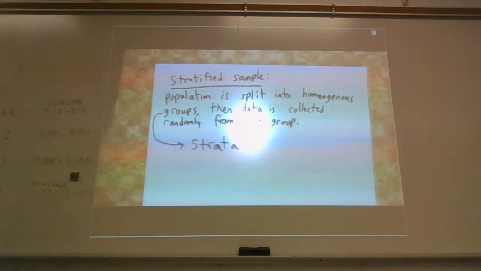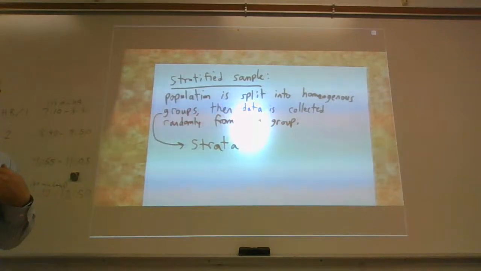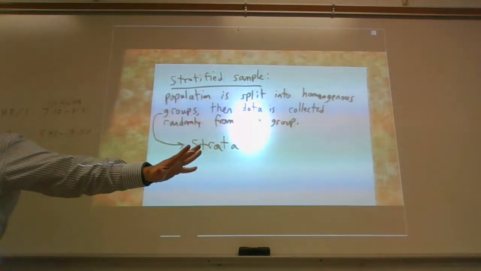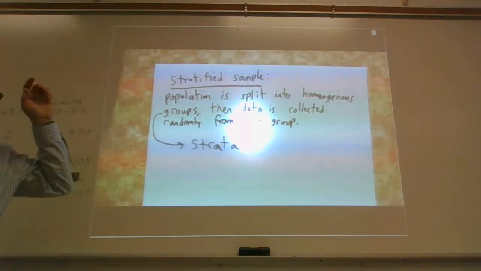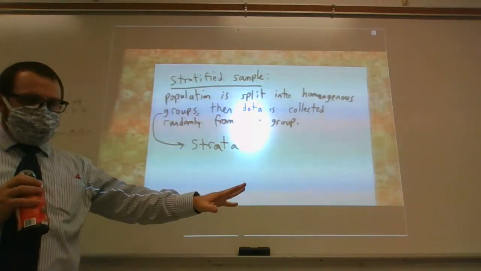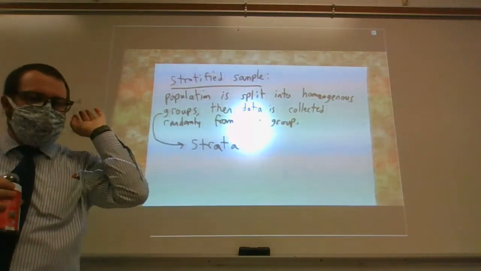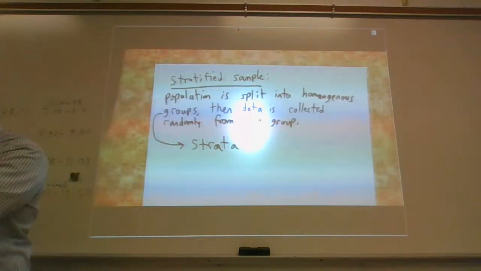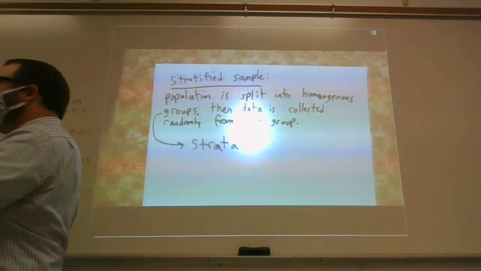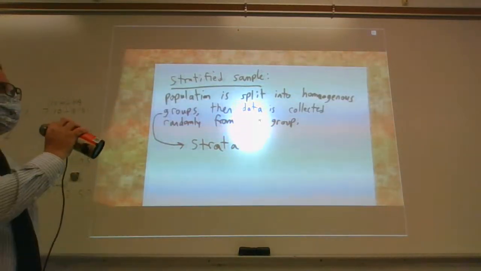So maybe it's in my best interest to stratify 9th, 10th, 11th, and 12th. I'll sample 10 people randomly from 9th, 10 from 10th, 10 from 11th, 10 from 12th. That would be an example of a stratified sample.